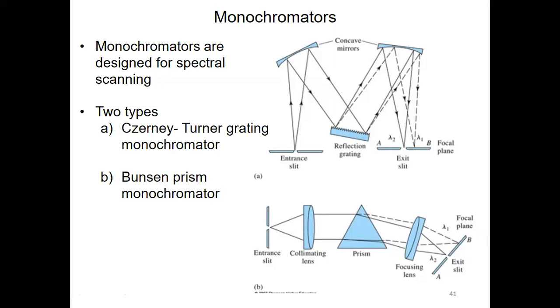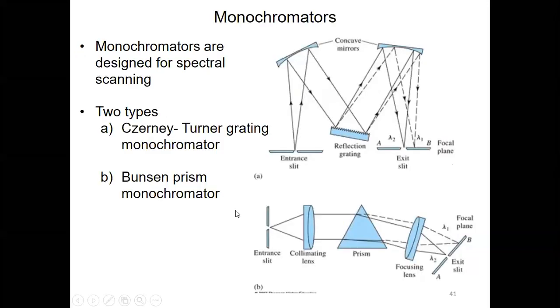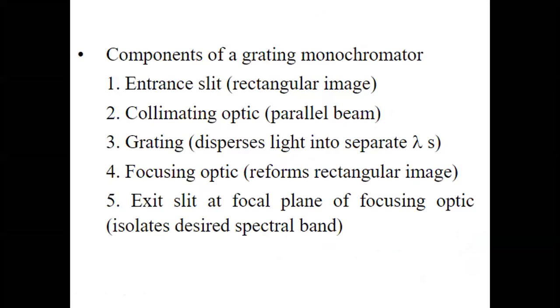When we choose different wavelengths which pass from the exit slit, we can do the wavelength scan in a particular wavelength range using this monochromator, right? Okay, I hope it's clear what is happening here.